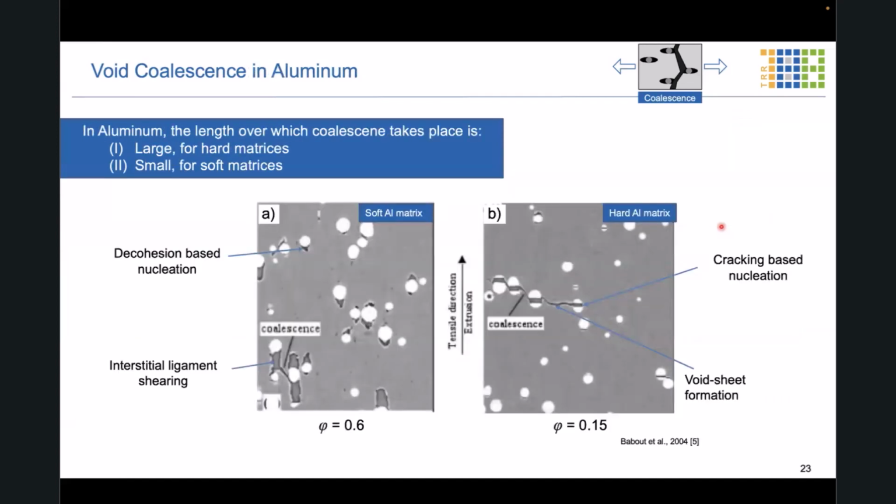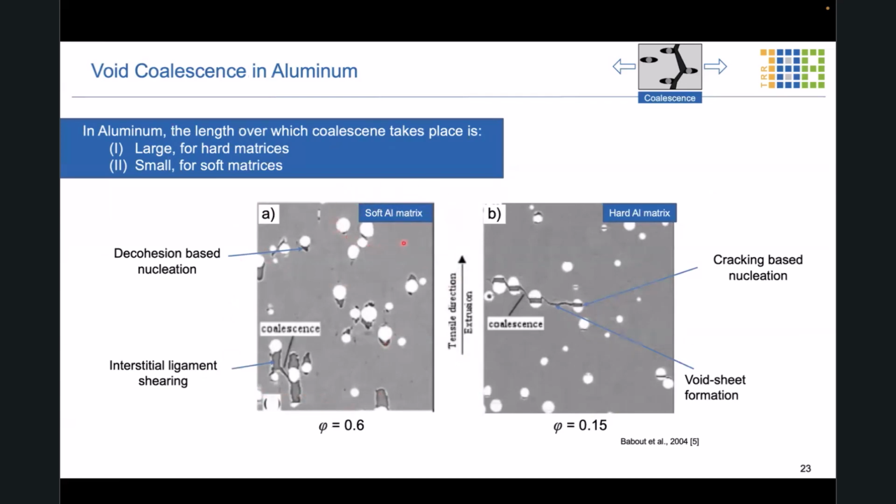If we now look at another material, namely aluminum, we observe that the length over which the coalescence takes place is large if the matrix is hard and small for soft matrices. So here's the comparison and the experimental evidence for this statement.